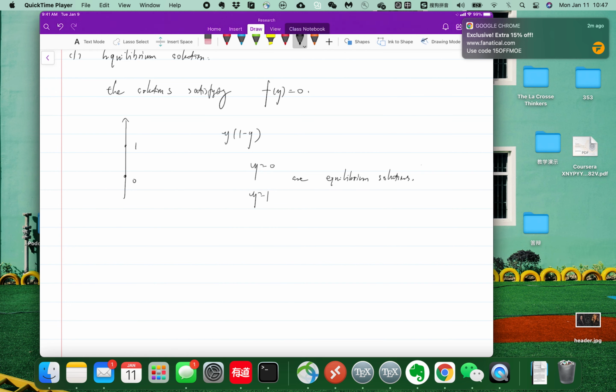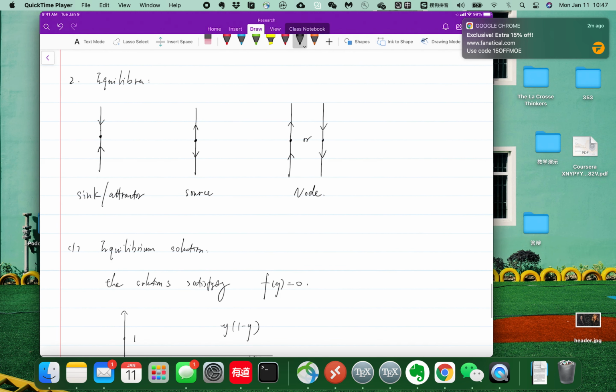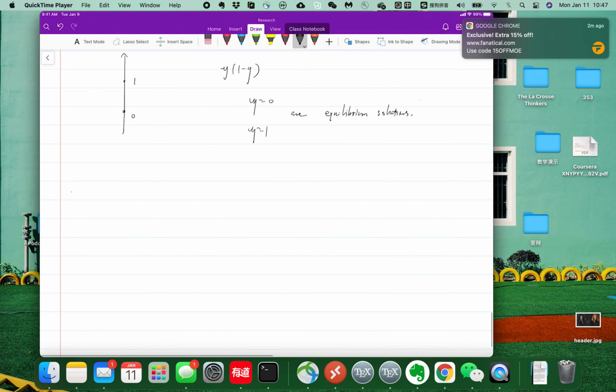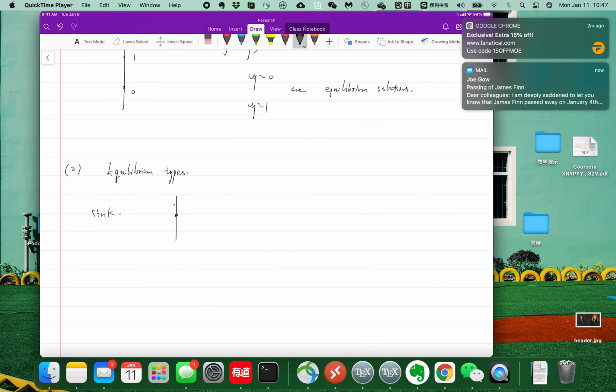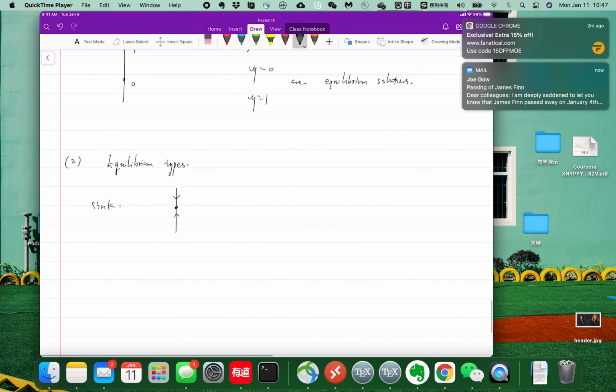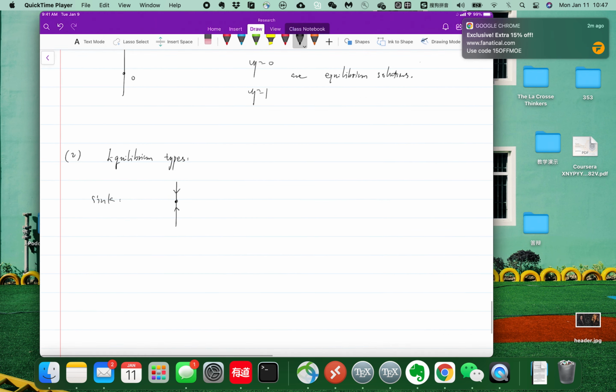Now second, we have the definition of the three types. I will just put it there. Equilibrium types. We have a sink, something that attracts the initial values around it.